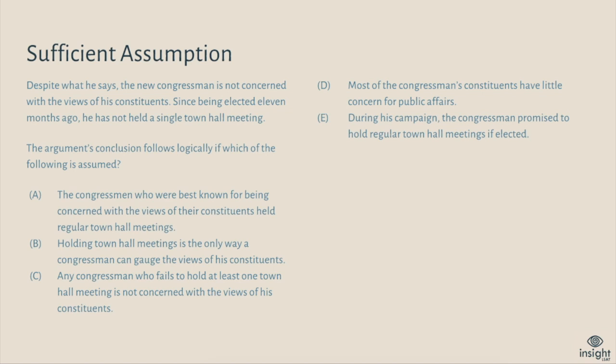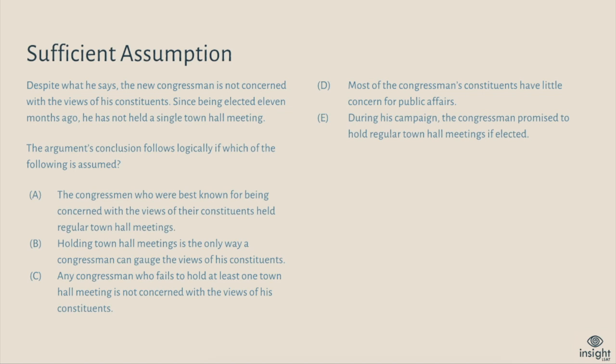There's going to be some kind of mismatch, some kind of gap between the support and the conclusion, and you have to fill that. Now, it's often a change in terminology. Something about the support will be about one thing, and the conclusion will be about something slightly different, and you have to bridge the gap between those two things.